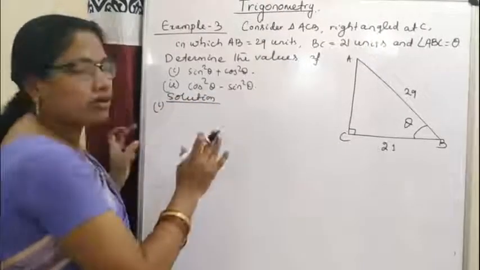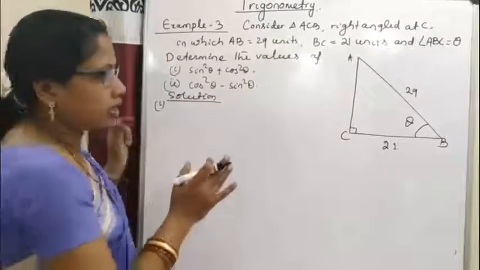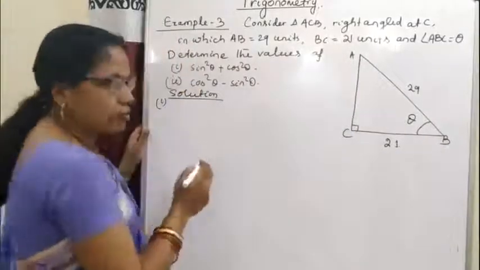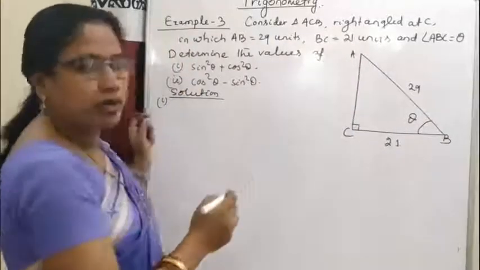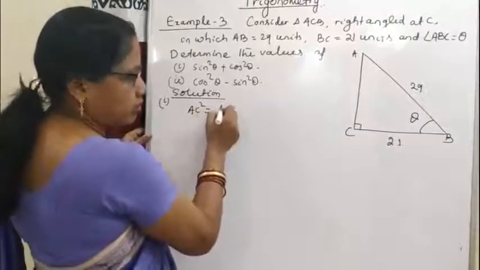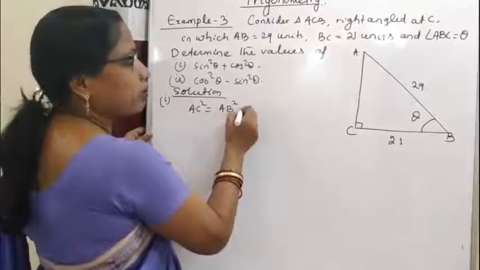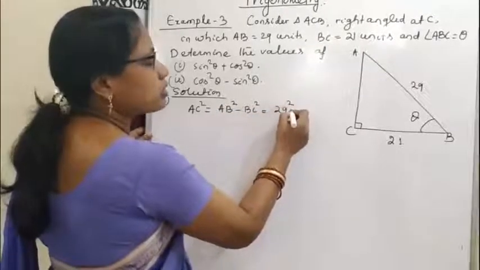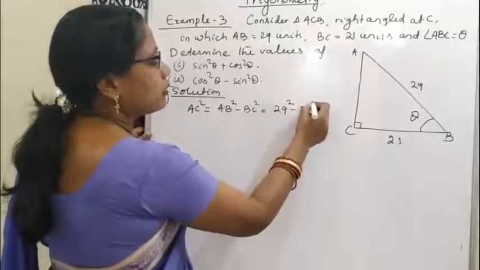Then to find the sin theta or cos theta, we need another side, that is AC. So by using Pythagoras theorem, we can find AC. So AC square is equal to AB square minus BC square. So that is equal to 29 square minus 21 square.